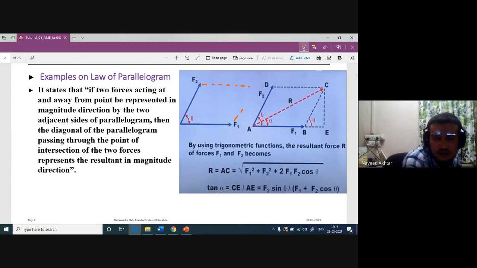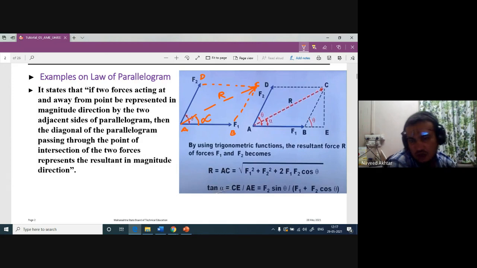Again I will make a dotted line where they meet, then I will mark that point C. So that is A, then there's B, and this is D. When these points meet, I will draw the diagonal from this point, and that diagonal represents the resultant R, which is making angle alpha with the horizontal. So this is nothing but the parallelogram law of force.